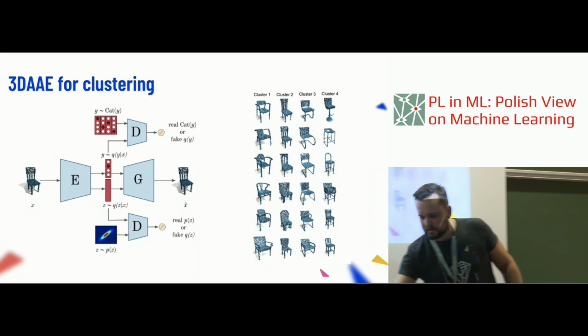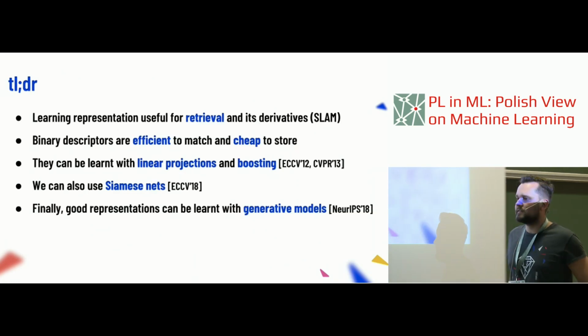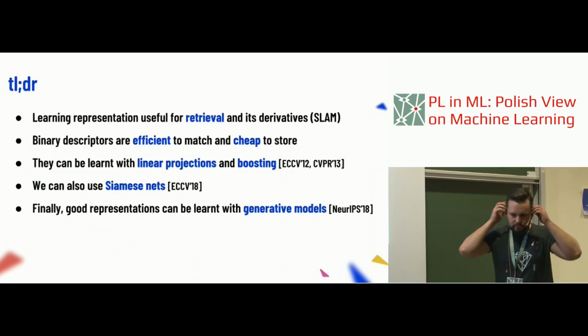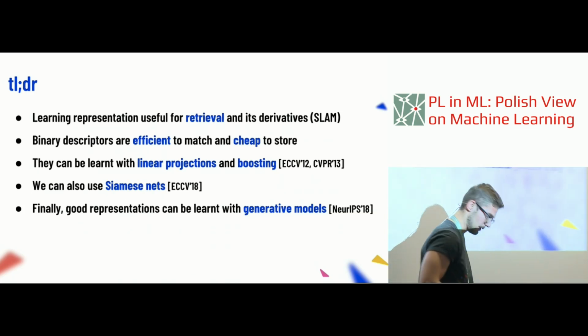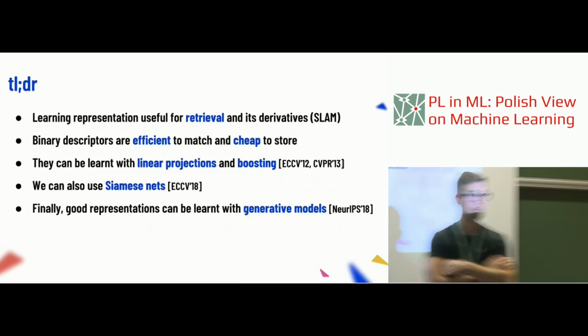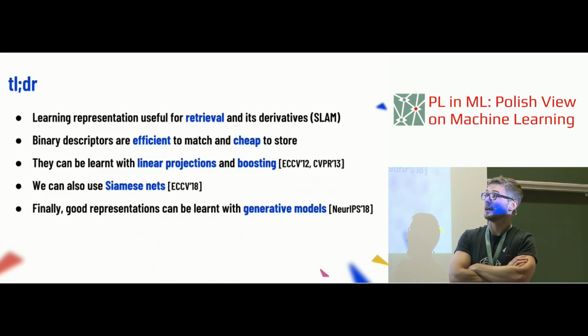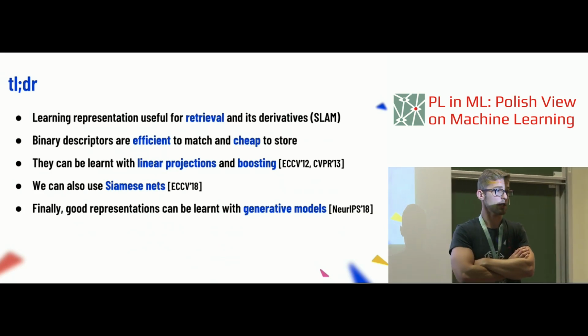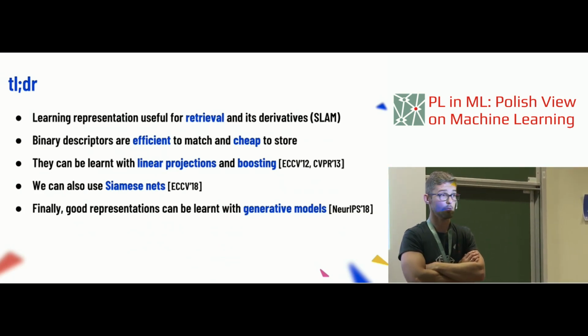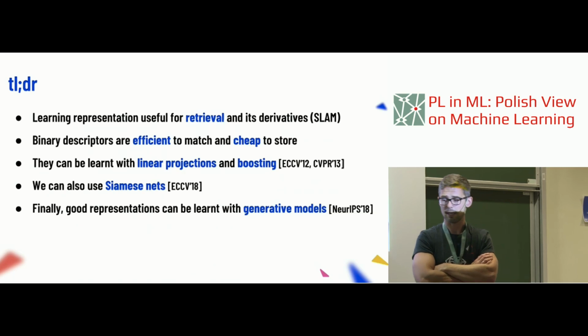Okay, so that's all from my side. Okay. So, in conclusion, to give you a final take-home message from this talk, learning representation can be useful for many retrieval tasks. That's related to visual, multimodal, and textual input.